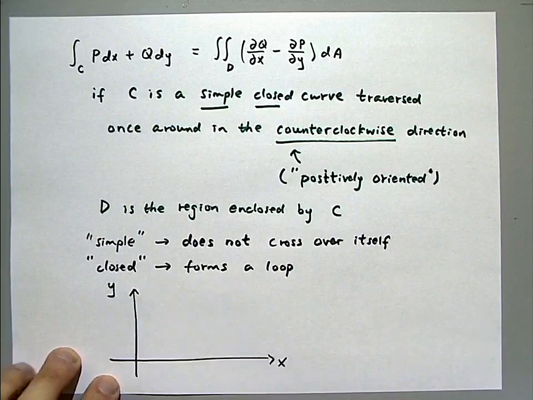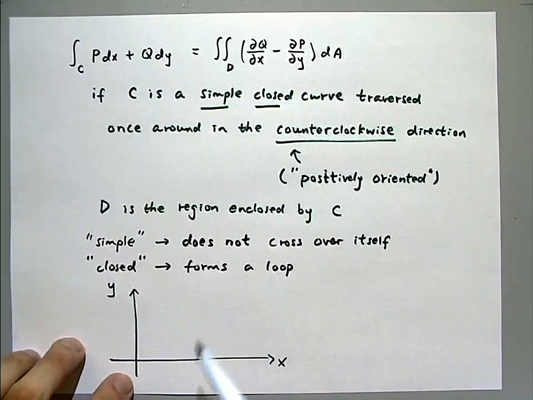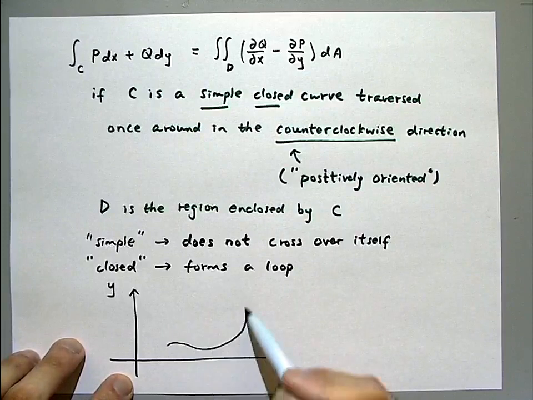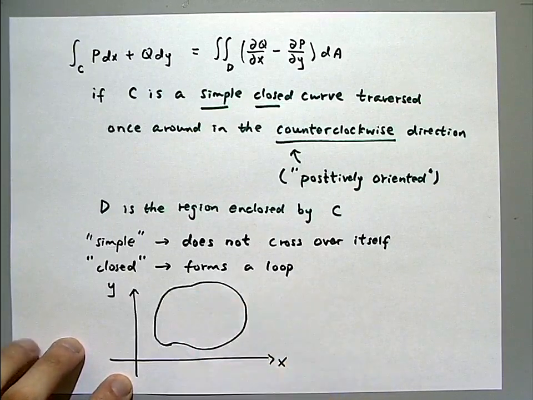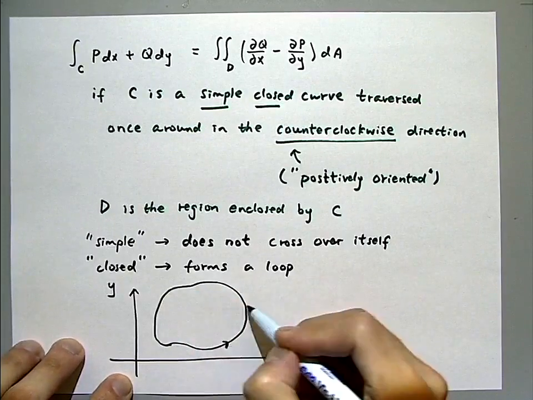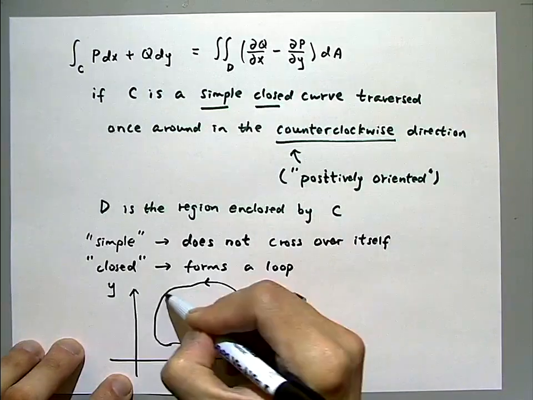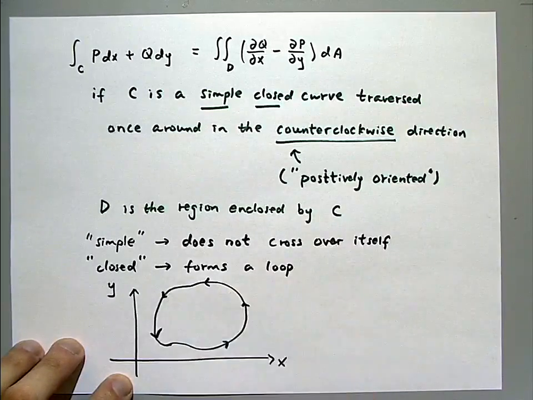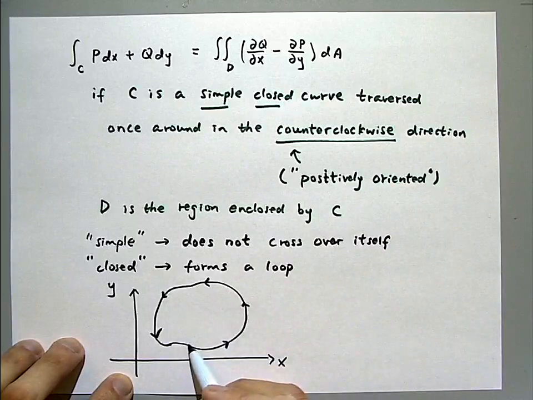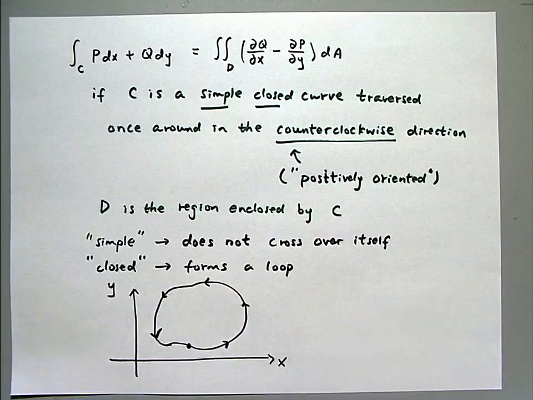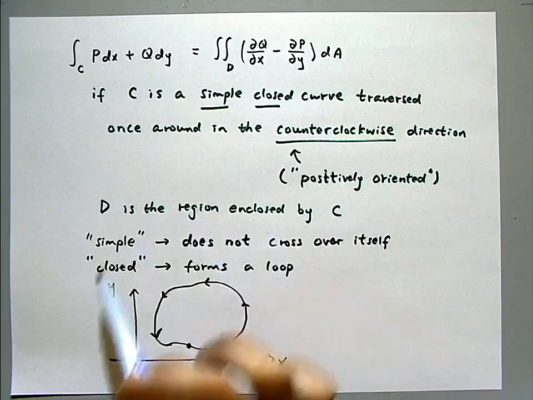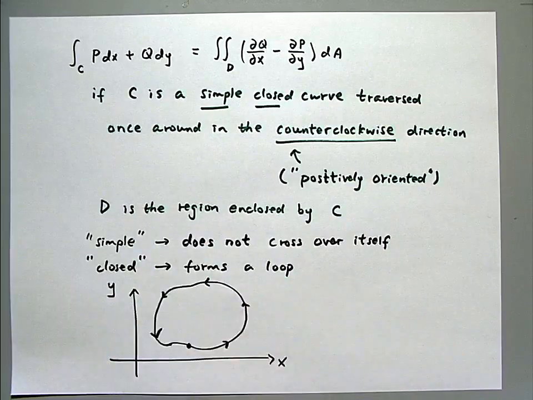Okay, so let's imagine we have just some kind of very general C. Let's say like that. Now we're going to go once around in the counterclockwise direction. It actually doesn't matter where we start and where we end, but let's assume we start here and end here, going once around counterclockwise.